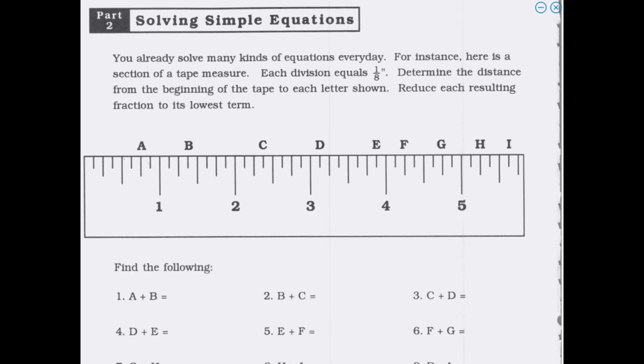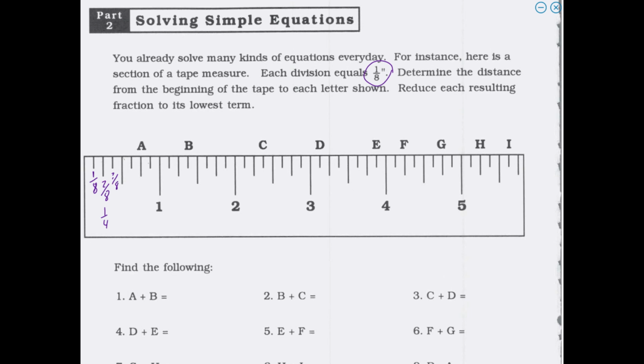So the first thing that we want to do is label all of our letters here. Okay. And it tells us that each division is 1/8. So all of these little tick marks right here is 1/8, and then technically 2/8, which reduces to 1/4, right?